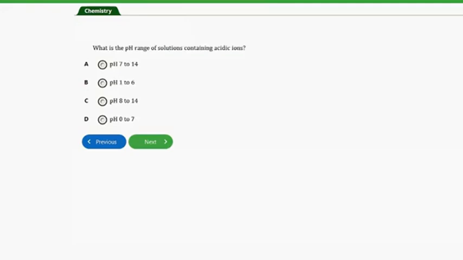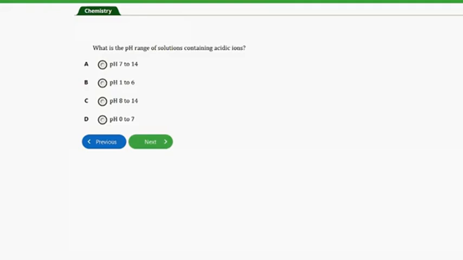So guys, let's quickly go ahead and check out the next question, and that's question number 8. It says, what is the pH range of solutions containing acidic ions? A, 7 to 14, B, pH of 1 to 6, C, pH of 8 to 14, D, pH of 0 to 7.